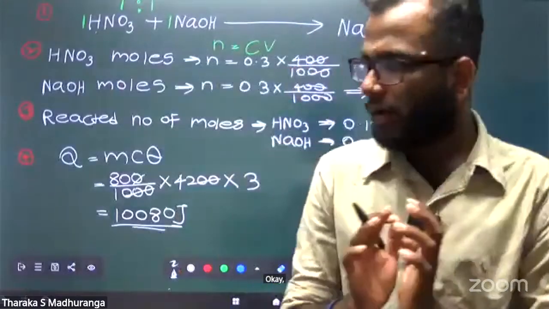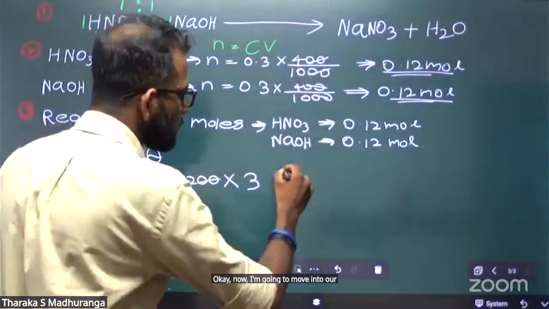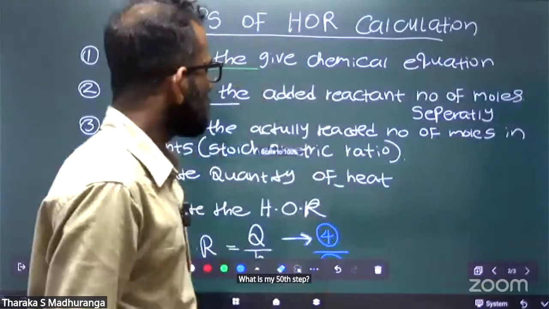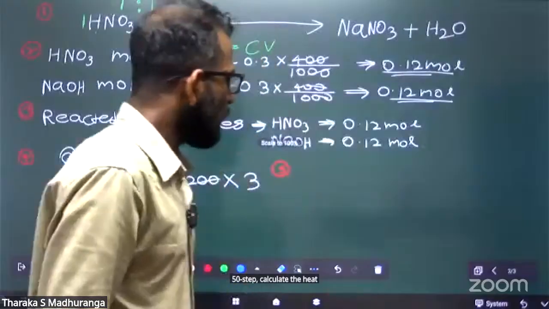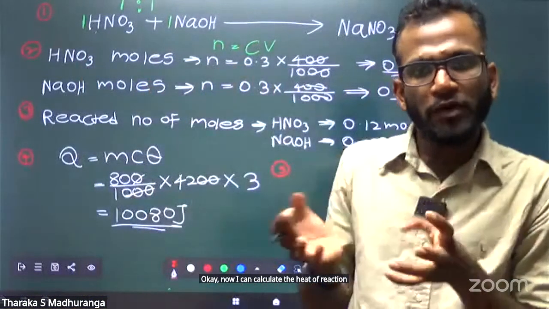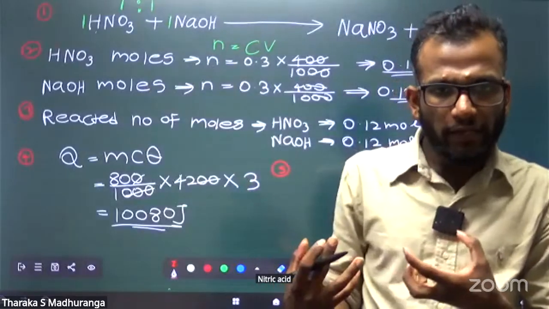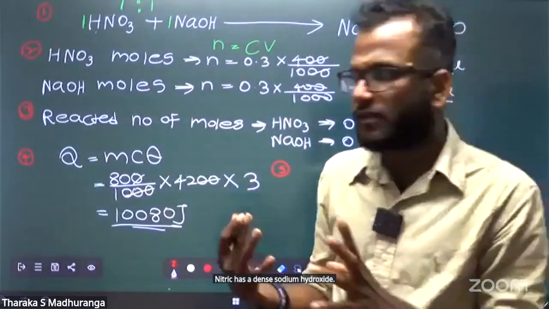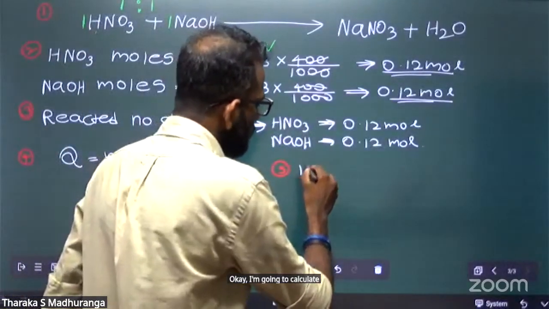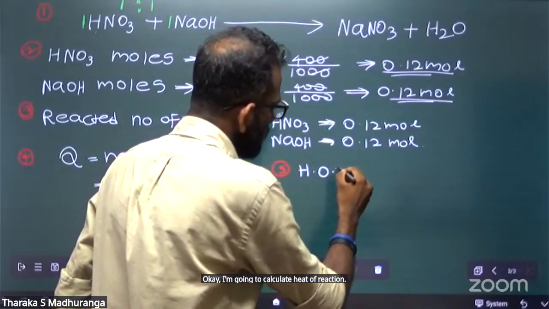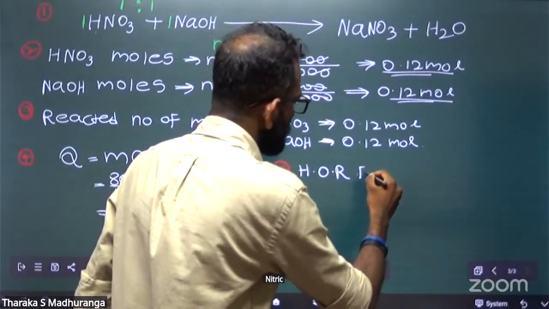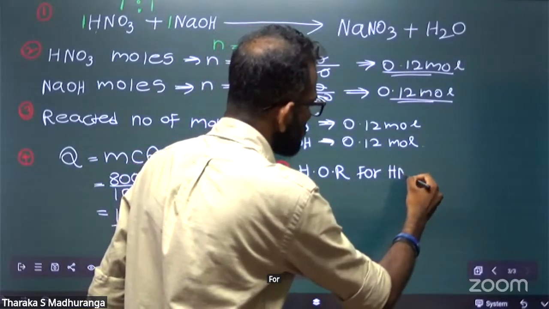Okay, now I'm going to move into our final part, the fifth step. What is my fifth step? Calculate the heat of reaction. Now I can calculate the heat of reaction separately for nitric acid and sodium hydroxide. First, for nitric acid, HNO3.